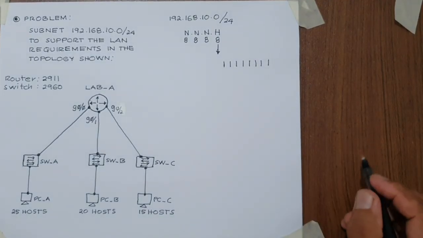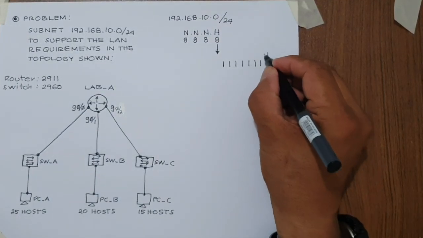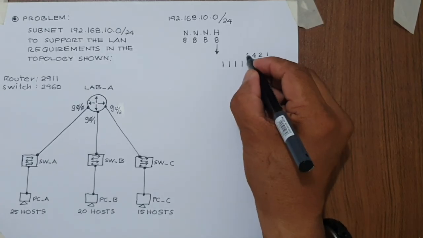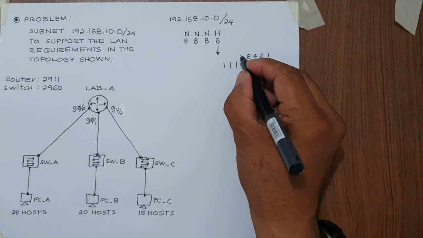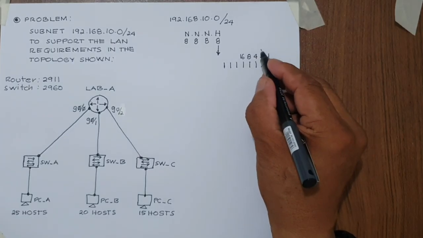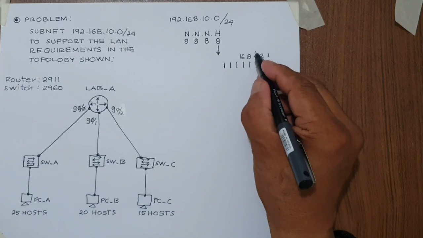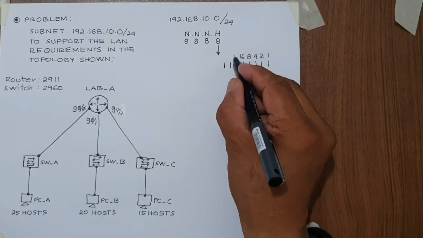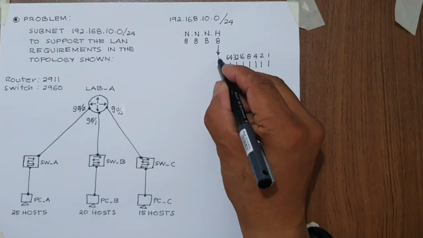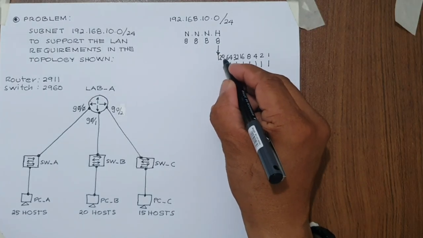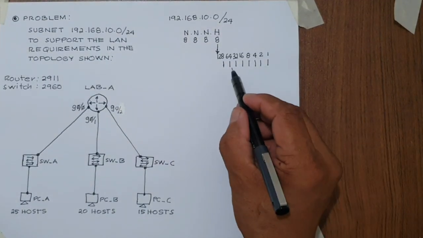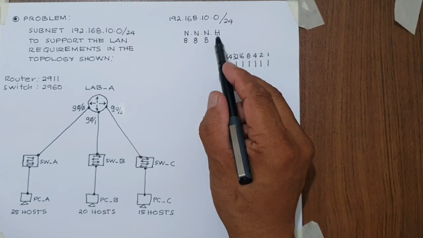We write down the place values of each of these bits. As we have learned, these are governed by the powers of 2, starting from 2⁰, which is 1, 2¹, 2, 2², and so on. This will be 32, this will be 64, and this will be 128. Again, these 8 bits are allotted for the host.